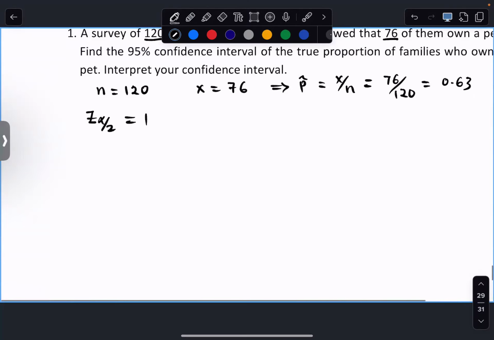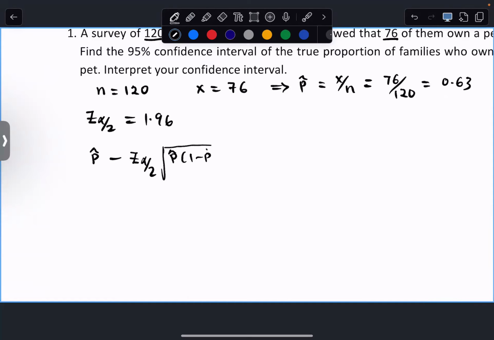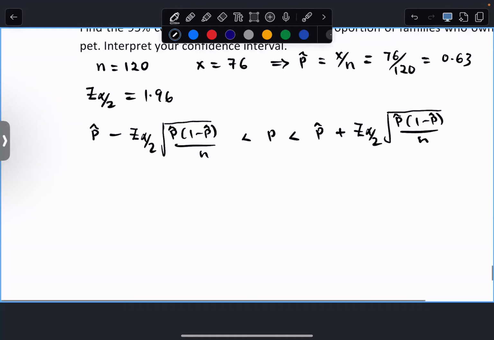So our confidence interval would be, we just pull our formula: p-hat minus Z alpha on 2 times the square root of p-hat times 1 minus p-hat divided by n, less than p, less than p-hat plus Z alpha on 2 times the square root of p-hat times 1 minus p-hat divided by n.